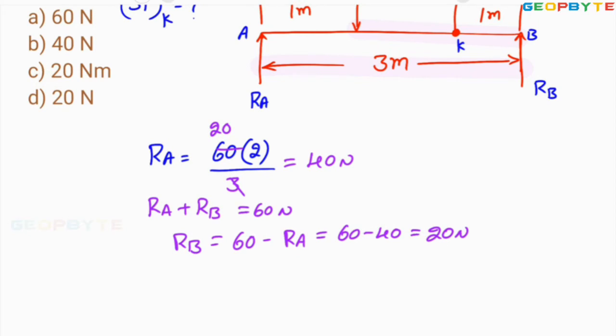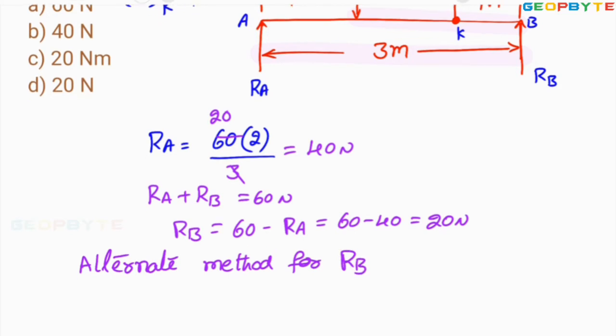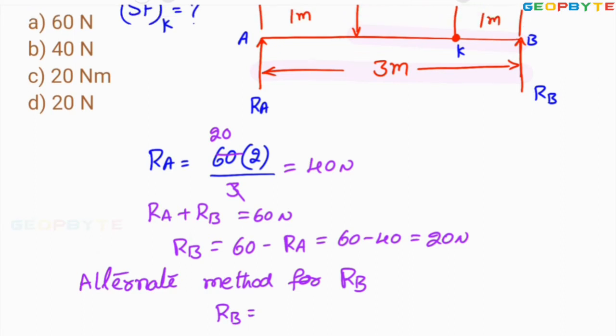The other way is the alternate method for RB. RB equal to load into, what is the load?